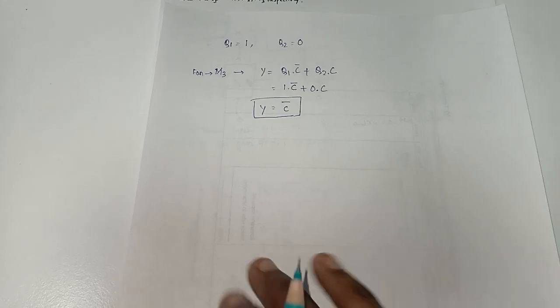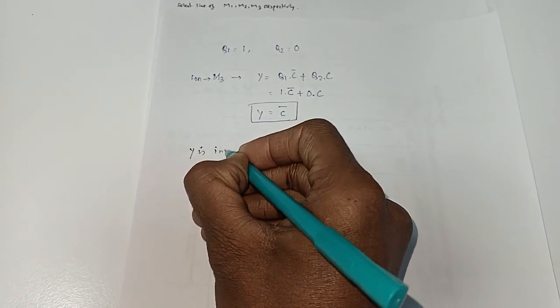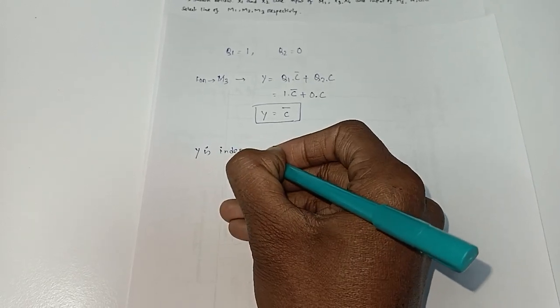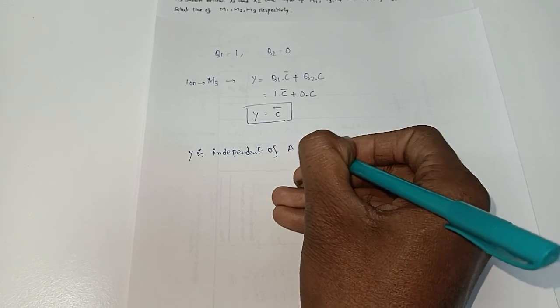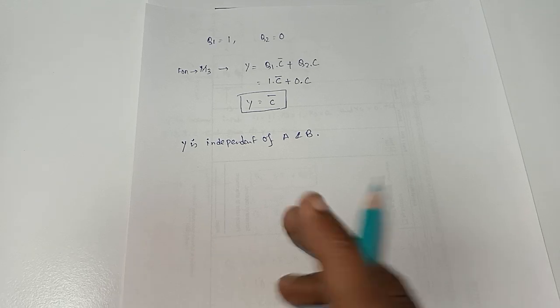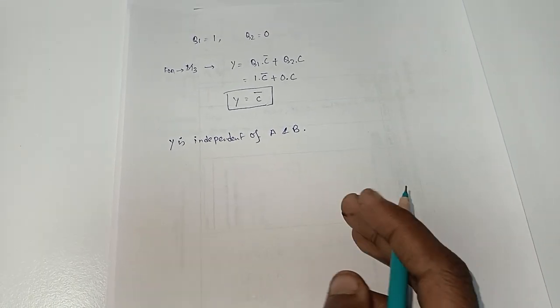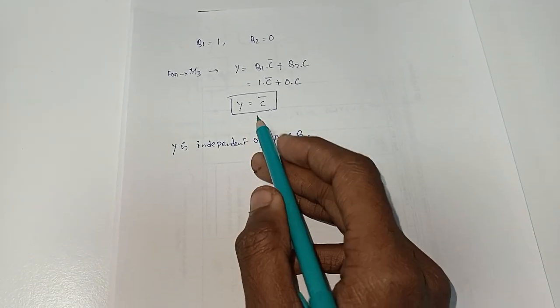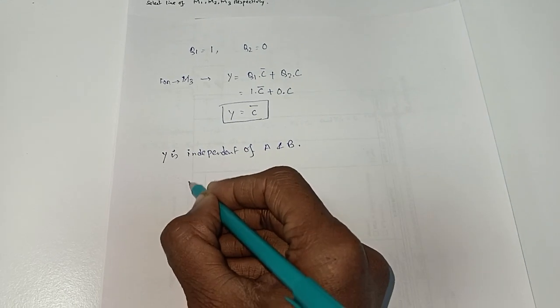So this is the final output. We can say that y is independent of a and b, which means y does not depend on a and b. If any value is given to a and b, y doesn't care. Y cares only about c bar, which means c is equal to 0.